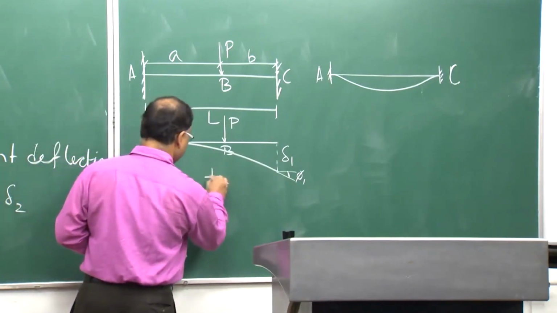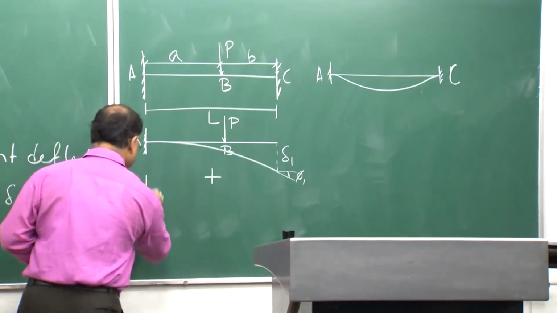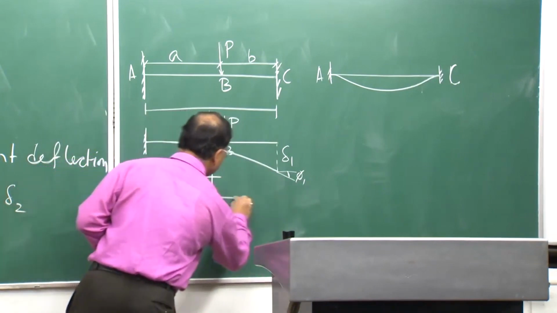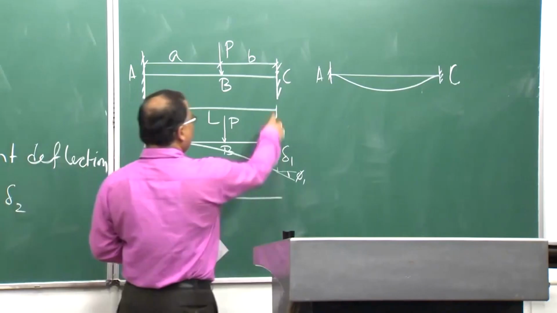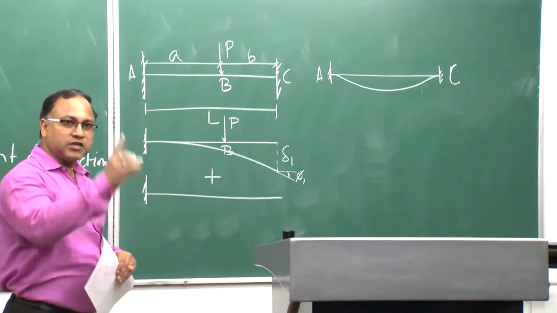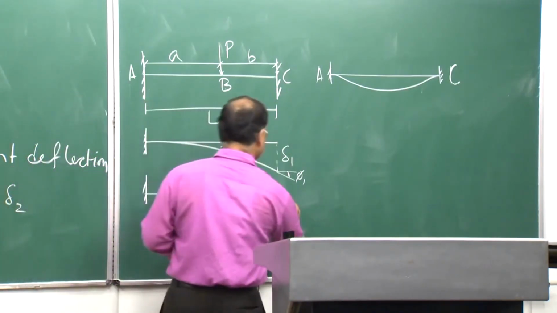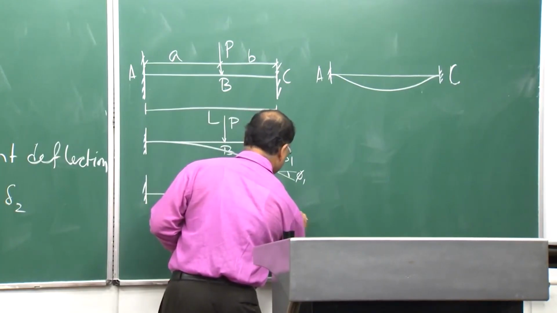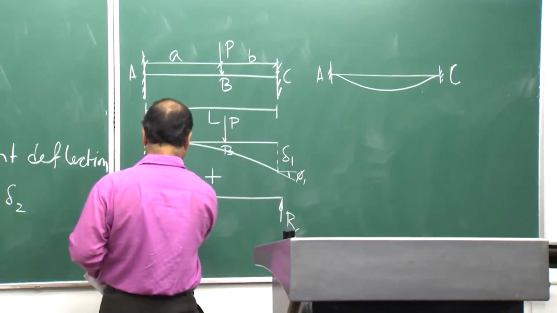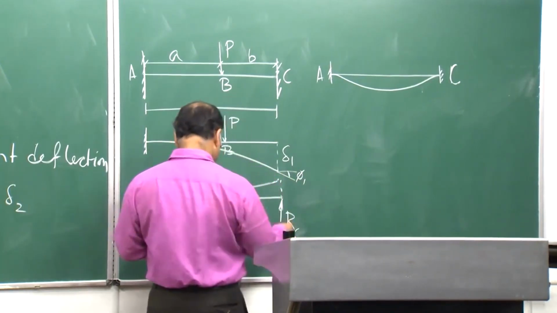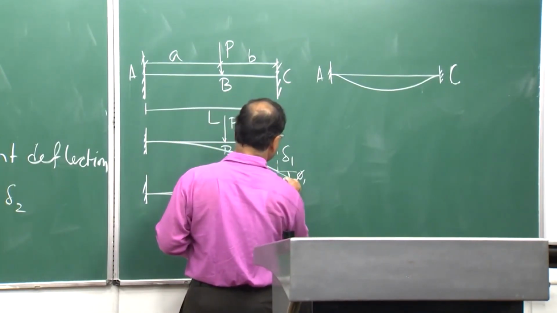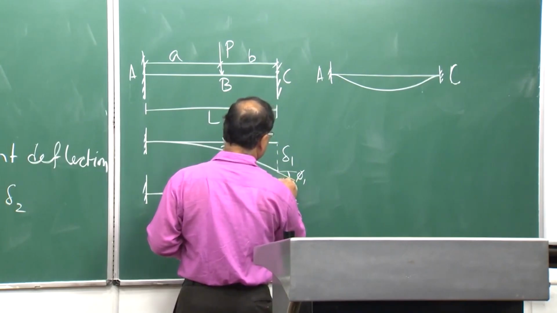Similarly, the next basic system will be another cantilever beam. I will have the upward vertical reaction, say R C. Under this action the deflected shape will be like this. This is my delta 2, and this is the angle phi 2.